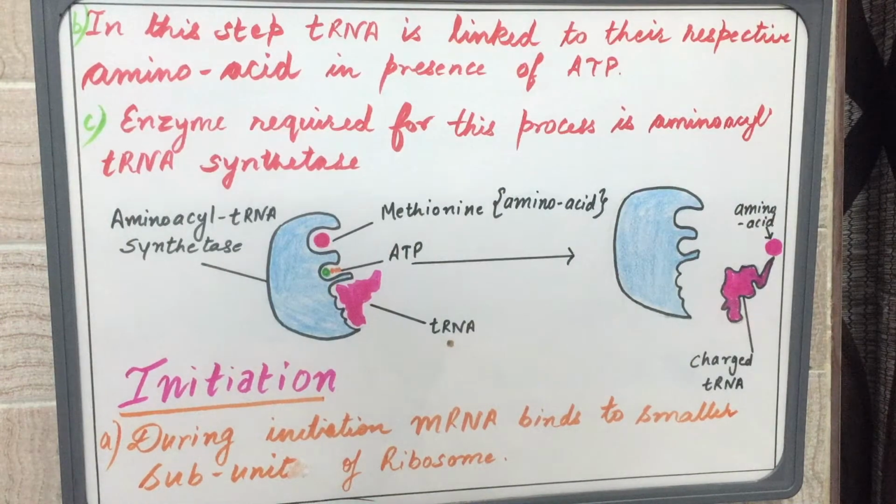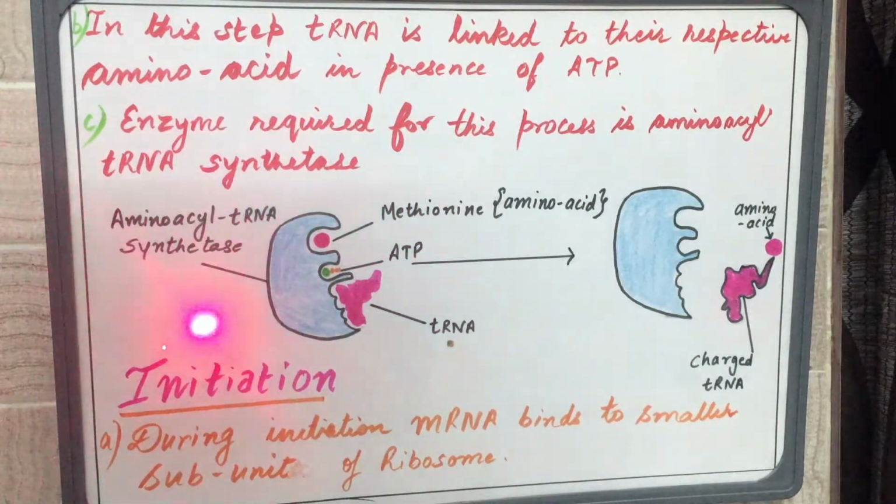Now let us understand this step. Suppose this is the enzyme, amino acyl tRNA synthetase. This enzyme will have active sites. In the active site, there would be ATP, tRNA, and methionine.